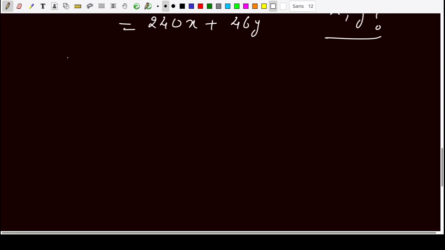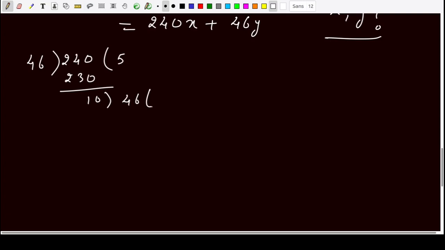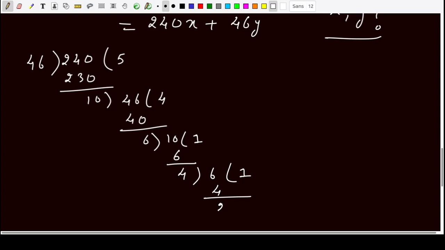Let us first find the HCF or GCD of 240 and 46. 46 goes into 240 five times, which is 230, leaving 10. Then 46 divided by 10 gives 4 times, leaving 6. Then 10 divided by 6 is 1 time, leaving 4. Then 6 divided by 4 is 1 time, leaving 2. Then 4 divided by 2 is 2 times, and that's how it becomes 0.